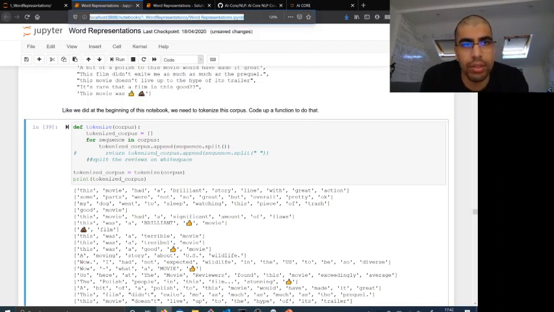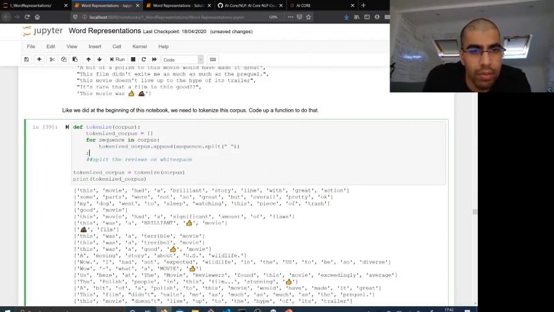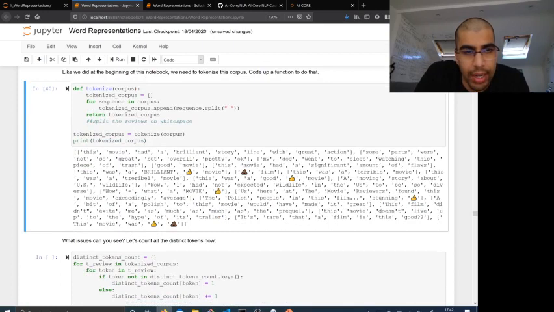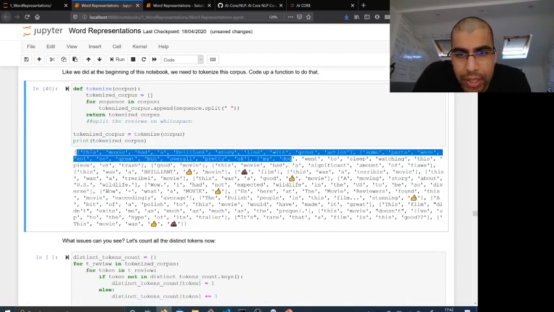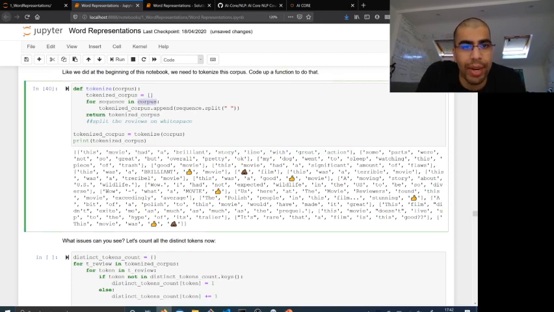Actually, I'll just get rid of this line, uncomment this, get rid of the return and return that. Okay, there we go. So we have a list of lists where every sublist is the tokenized sequence that we have for every element in our corpus.